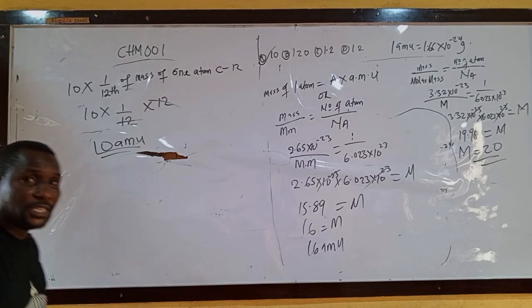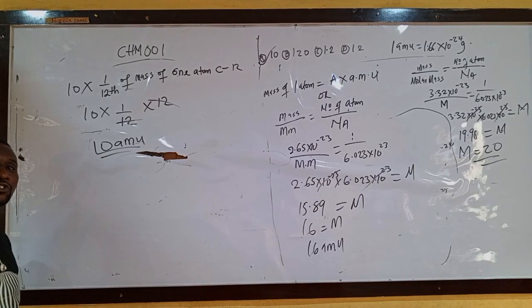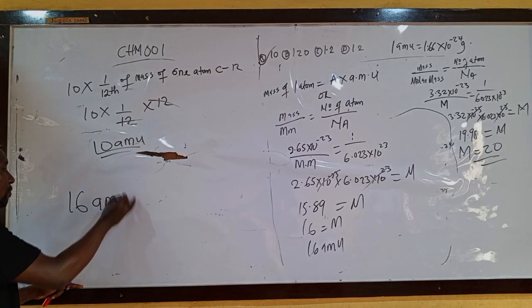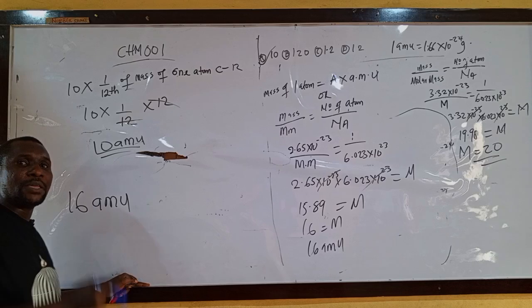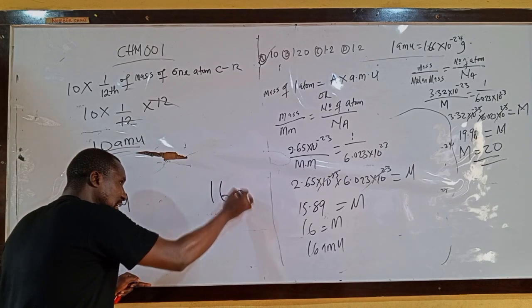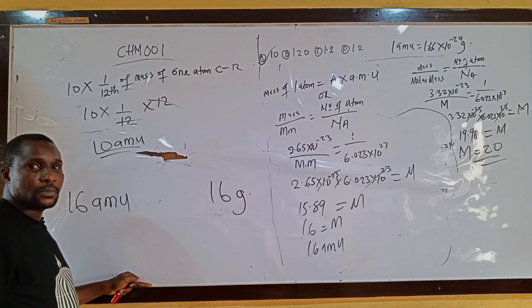This is what I mean. The relative atomic mass of one atom of oxygen is 16 AMU, while the gram atomic mass of one atom of oxygen is 16 gram. Take note.